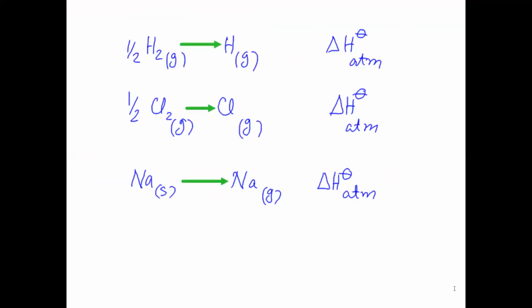Look at these few equations, especially look at the balancing: half Cl2, not putting 2 on the right side, Na solid, and Na gas. These are some equations we call atomization.